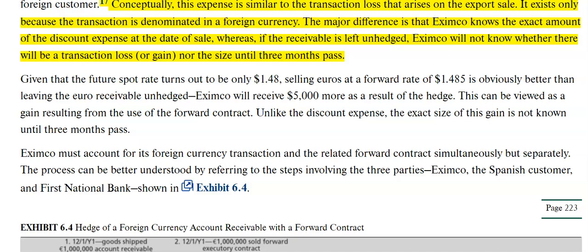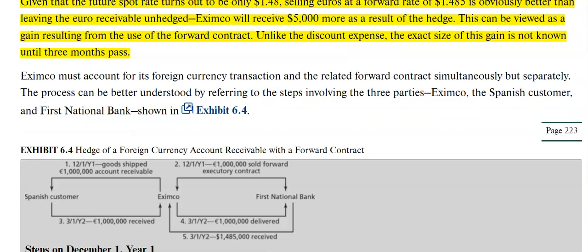The major difference is that X & Co knows the exact amount of the discount expense at the date of sale, whereas, if the receivable is left unhedged, X & Co will not know whether there will be a transaction loss or gain, nor the size, until 3 months pass. Given that the future spot rate turns out to be only $1.48, selling euros at a forward rate of $1.485 is obviously better than leaving the euro receivable unhedged.